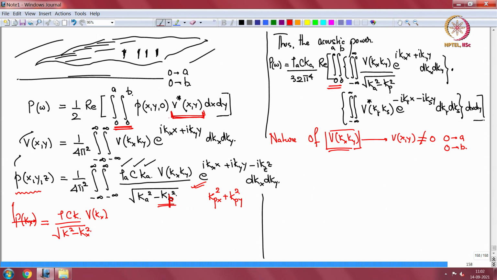This and this are tied in such a manner that V(kx, ky) arrives from a V(x,y) which is 0 outside the panel. So this integral here can be replaced by minus infinity to infinity, which is what I will do. So if we do that, suppose I have replaced them with minus infinity to infinity.